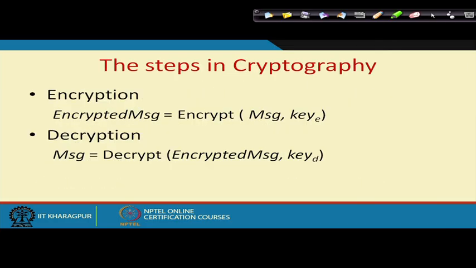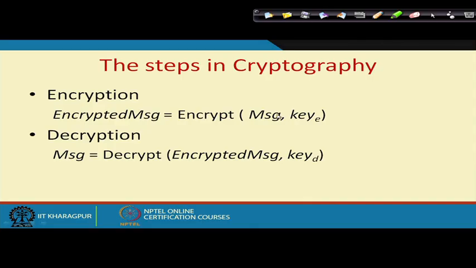In any cryptography, two steps are followed. First is encryption, second is decryption. Both encryption and decryption require some key. This message is actually that application data part. There has to be some function, usually very complex mathematical functions.